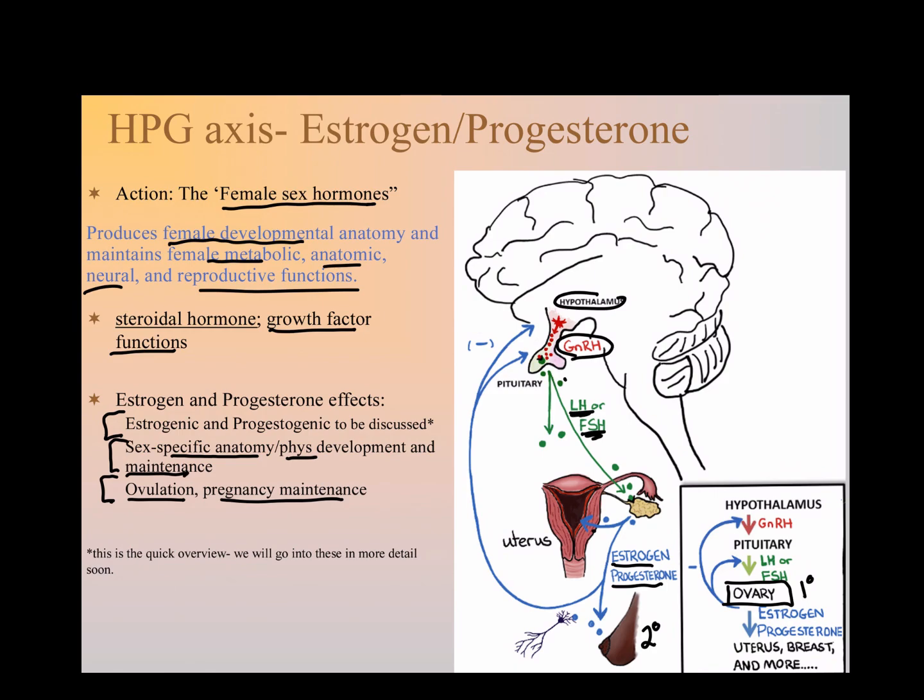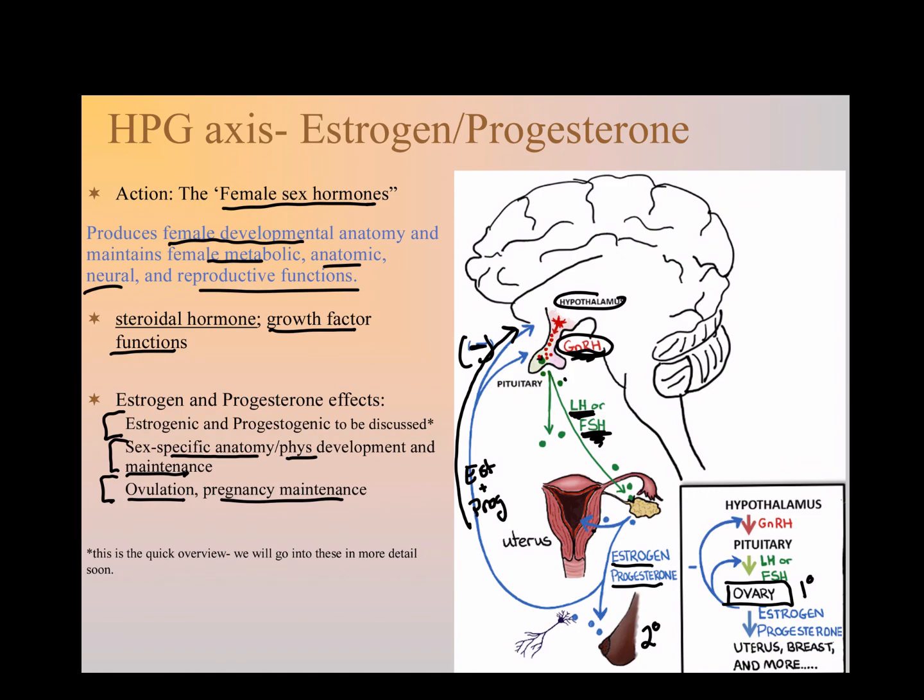That estrogen or progesterone comes back up here and is a negative feedback inhibition. So the more estrogen or progestin you have, the more negative feedback you have, and you can shut down GnRH release, LH release, or FSH release.